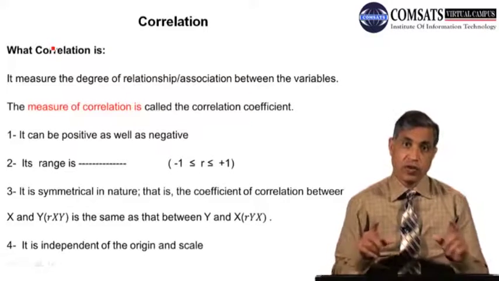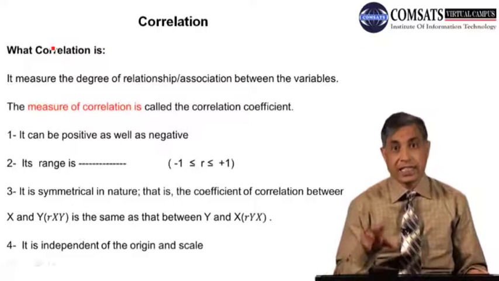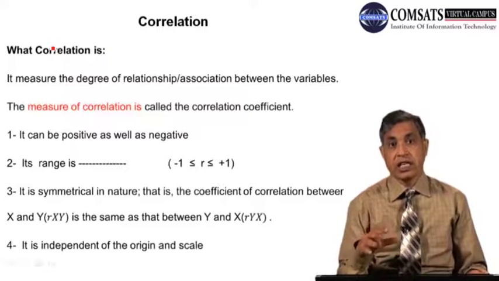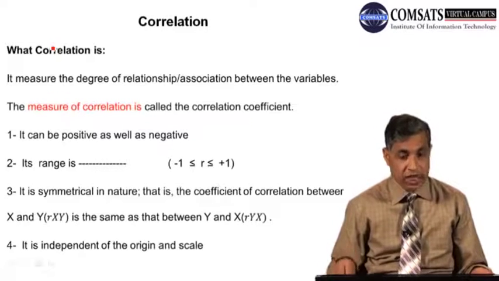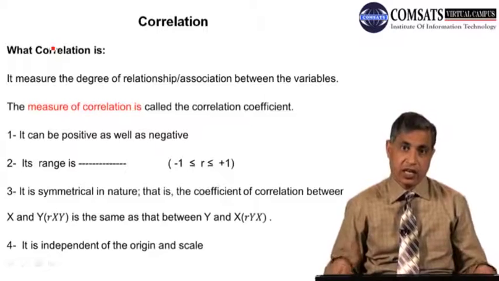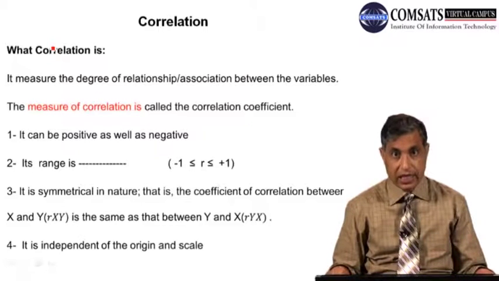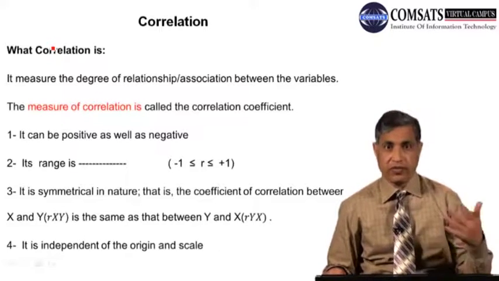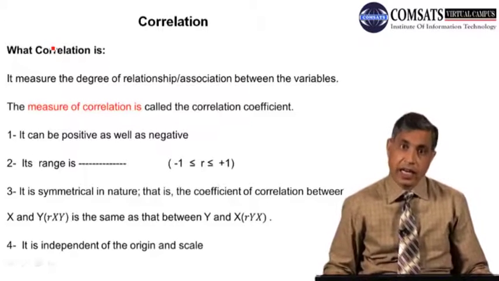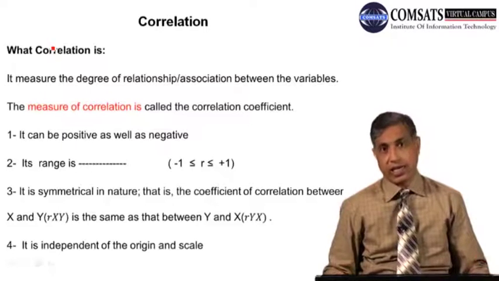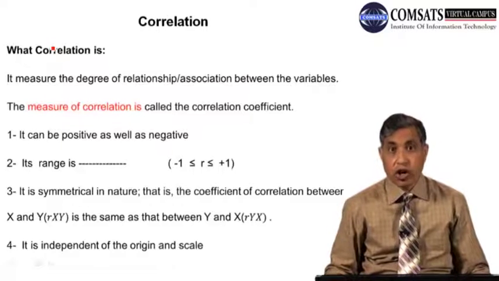It will tell us its degree, and we will see in which direction its degree is going. The first characteristic of this correlation is that it can be positive as well as negative. There is no restriction on the sign.